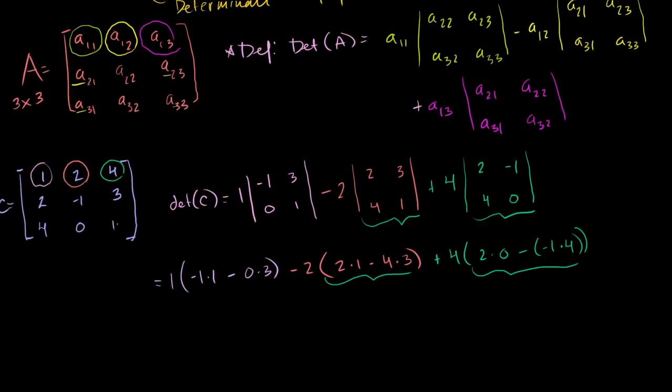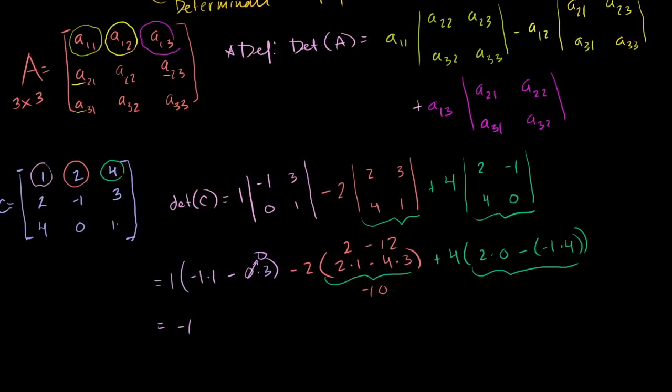And if we compute this, -1 times 1 is -1, minus 0, that's 0. So that's a -1. And then what is this equal to? 4 times 3 is 12. So you get 2 minus 12, which is -10.